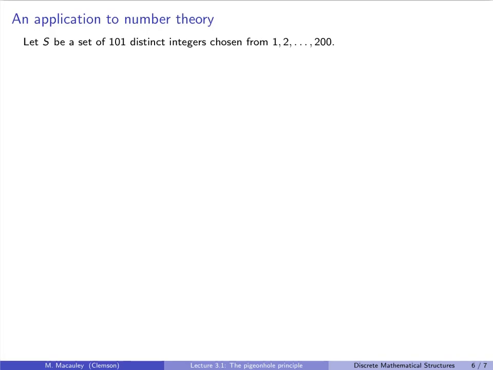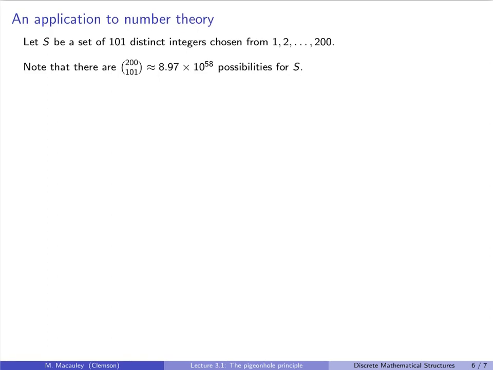Our last example is to the theory of numbers. So let's let S be a set of 101 distinct integers chosen from the numbers 1 up to 200. Now there's nothing special about 101 except that it's half of 200 plus 1. So if I wanted to, I could do the same thing with 11 integers chosen from 1 up to 20.